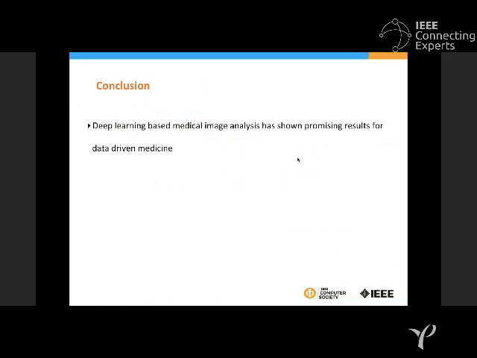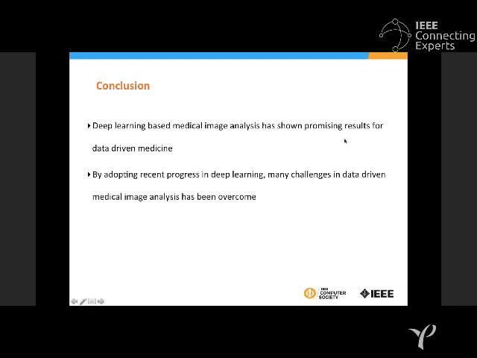So what I mean to say at the end of my lecture is that deep learning in medical images is obviously showing very promising results, and it is something we can coin as data-driven diagnostics. Obviously it has overcome a lot of challenges, as we are learning lessons from experience.